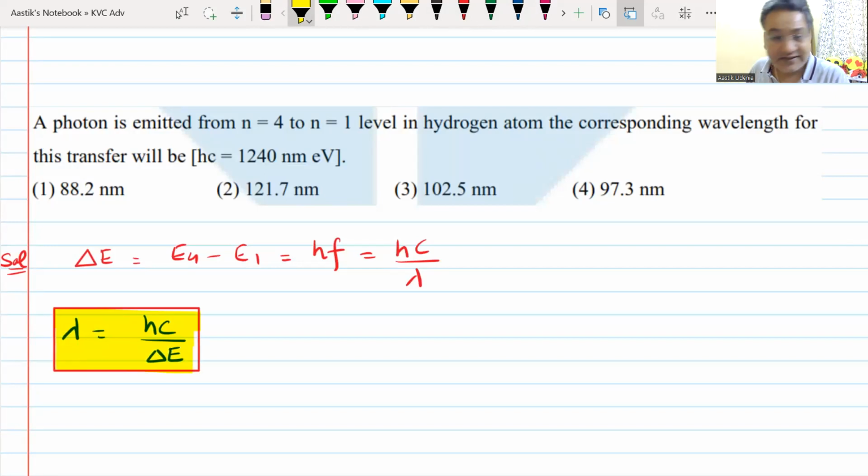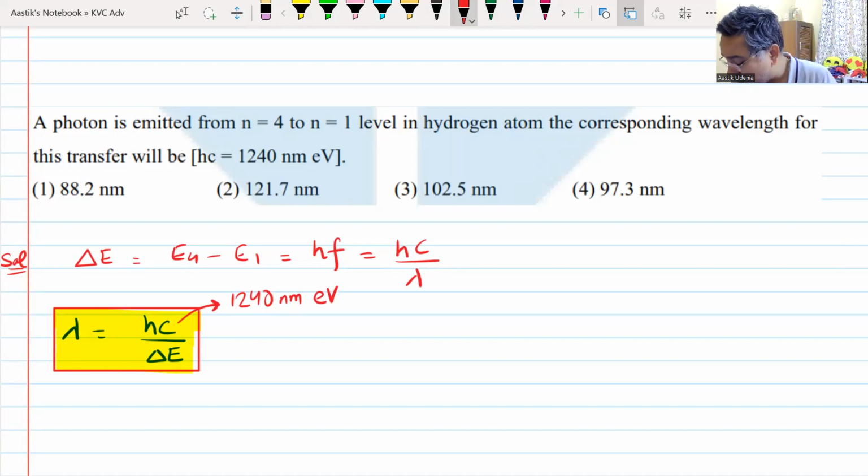The value of this hc is given as 1240 nanometer electron volt. So if you put the energy in electron volt, the difference in energy in electron volt, you will get lambda in nanometers.